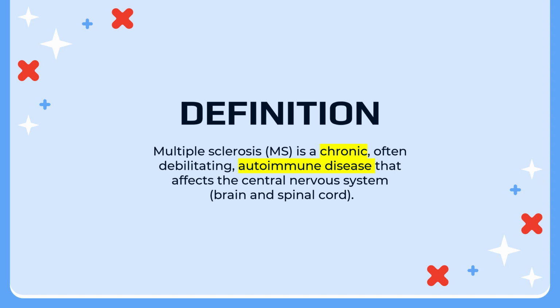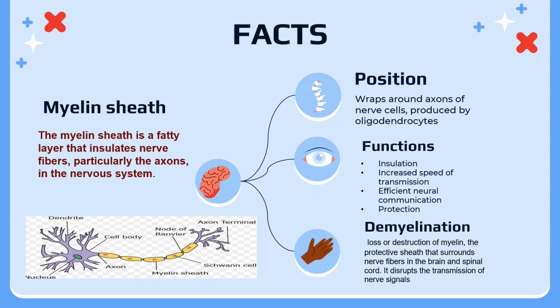What do you mean by autoimmune? That is, my body and its immune system is against me. Just remember that part. That is autoimmune. That affects which area? The central nervous system.